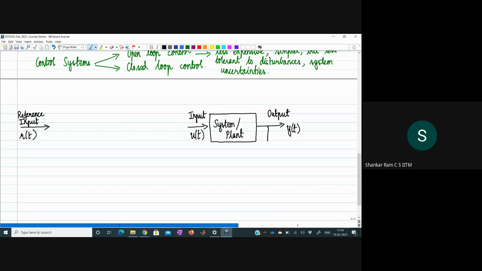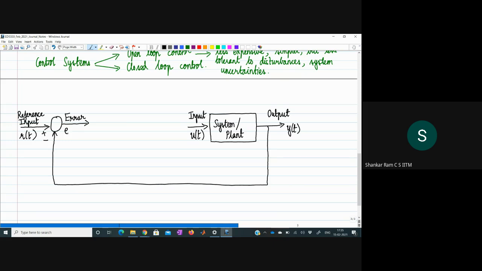Then I use some sensor to measure the actual heading, and I feed back this measurement, this data, and compare it with the reference. So we have a summing junction where we subtract the two signals, r of t and y of t, and we get an error measure.